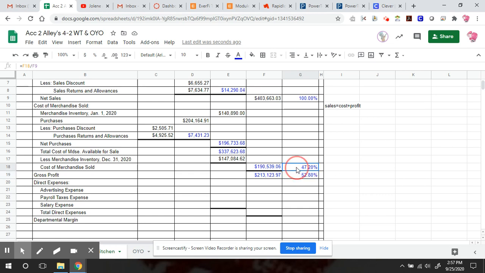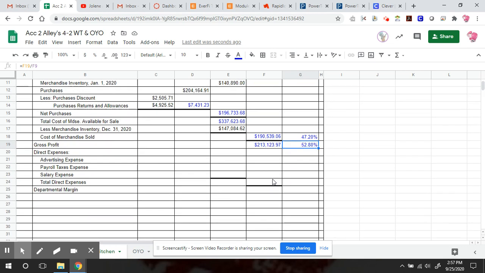Again, 47% goes back to the vendors. That's the cost to buy the stuff. And 52.8% is staying in the store to help pay expenses and keep the business running.